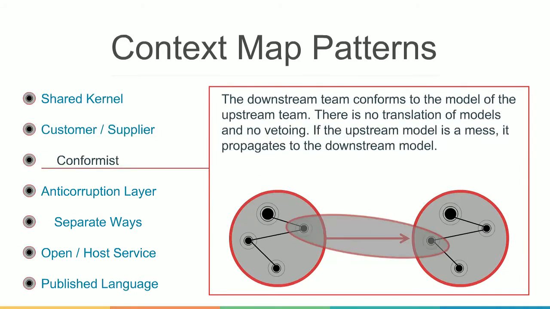A totally different kind of thing is the conformist. In the conformist, the downstream system just takes whatever they get from the upstream system. And there can be various motivations or forces for being a conformist. One motivation can be that you really like the model from the upstream system.